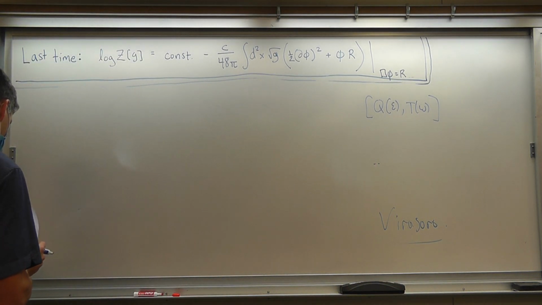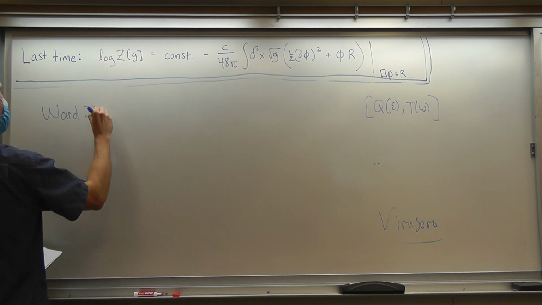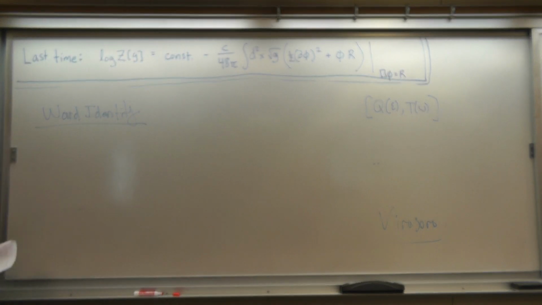The last little bit of CFT technology that I'm going to need is the Ward identity, and a couple of examples we'll get from it. This is related to homework, but I'm not going to quite do the same thing that was in there.